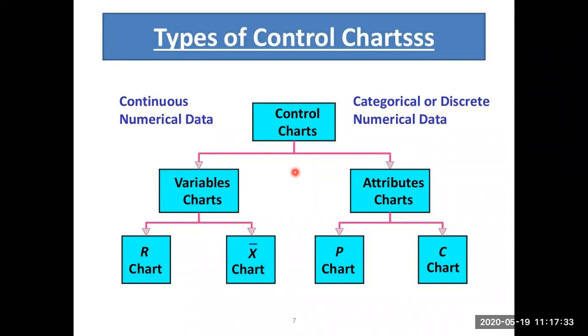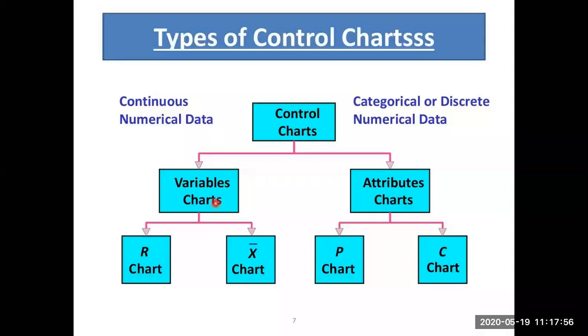Next, control charts. In general, we define two types: variable charts and attribute charts. What is meant by variable charts? Remember this point. You use variable charts when you come across measurements, for example weight.